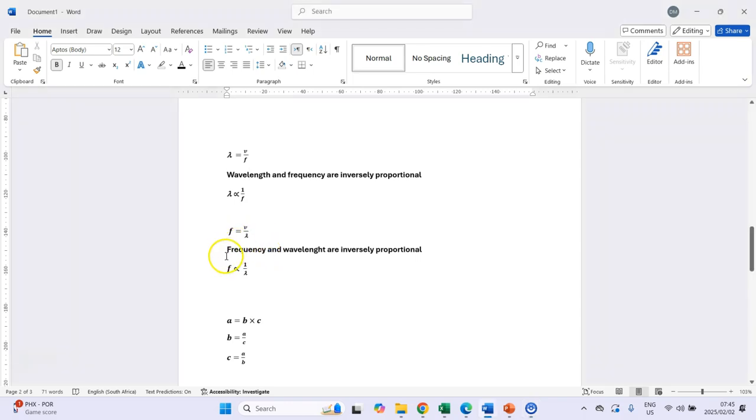In the same way, frequency and wavelength are inversely proportional. We can see that from this rearranged formula over here, which then allows us to state that frequency is directly proportional to 1 over wavelength, which means that frequency is inversely proportional to wavelength.